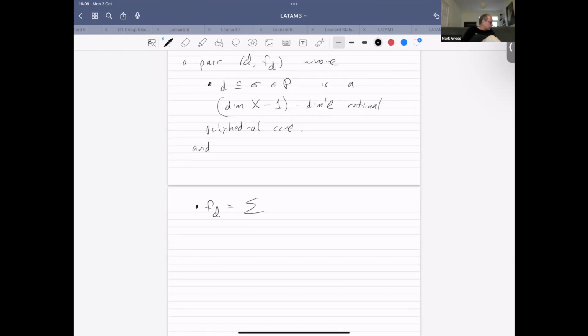We'll have some summation over m in Lambda_D, I'll define them in a second, of c_{m,a} t^a z^m, in A_I[Lambda_D].